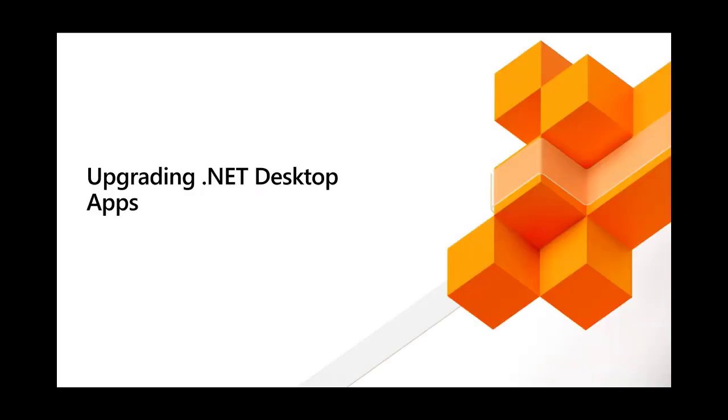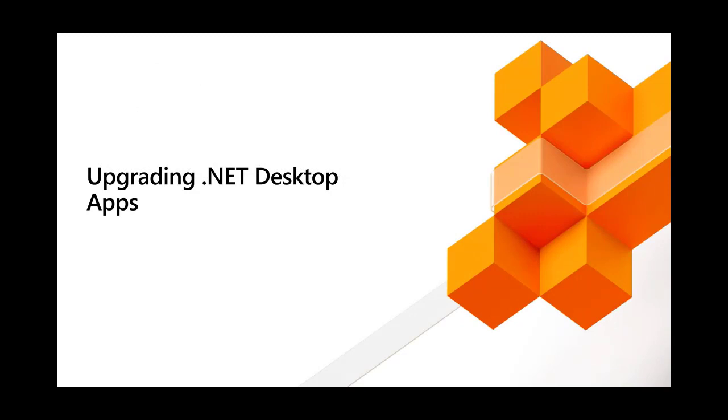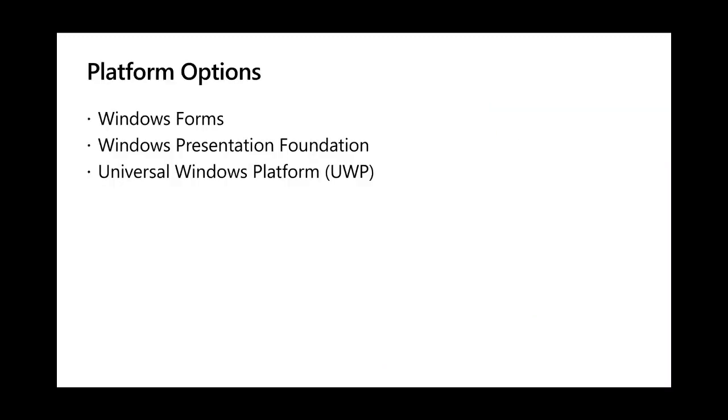All right, so upgrading your .NET desktop apps. You have your WinForms or your WPF app, and you've probably seen the great features that have been available for UWP apps. Many of those features have not been available to include in your WinForms and WPF apps, and that's changing in a big way.